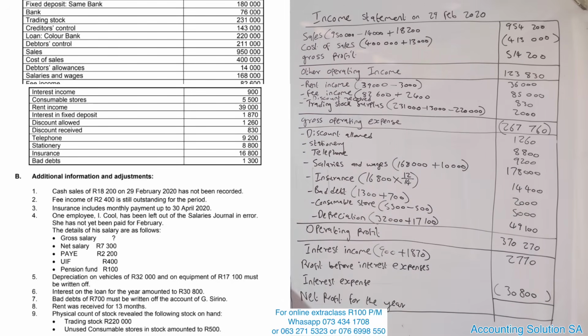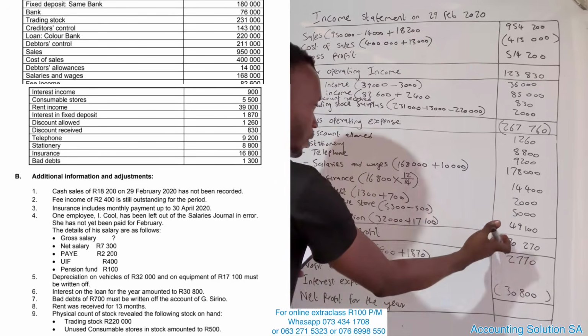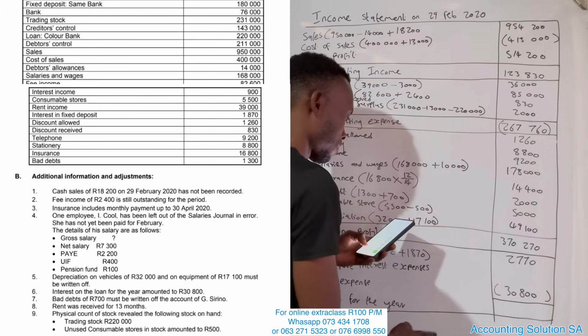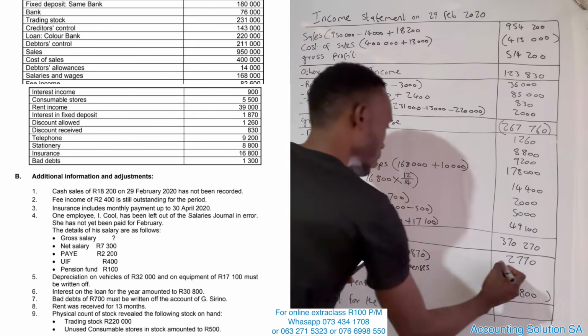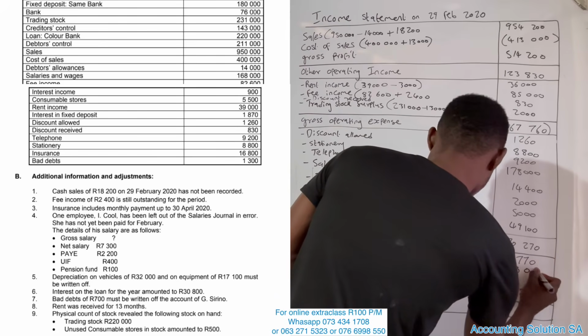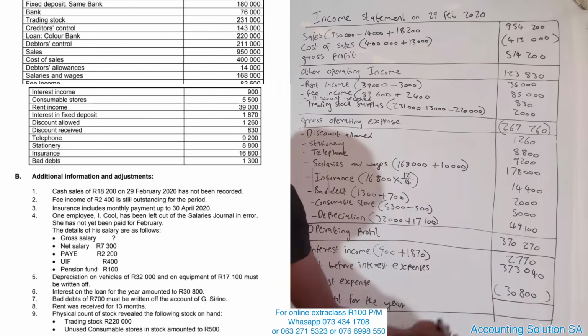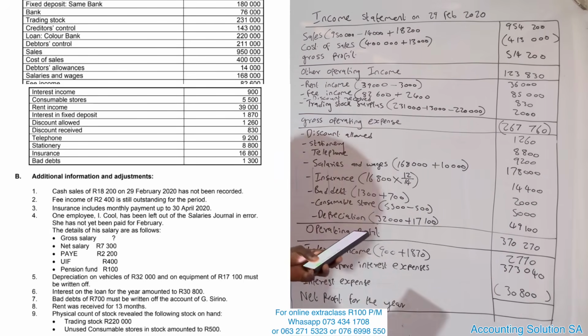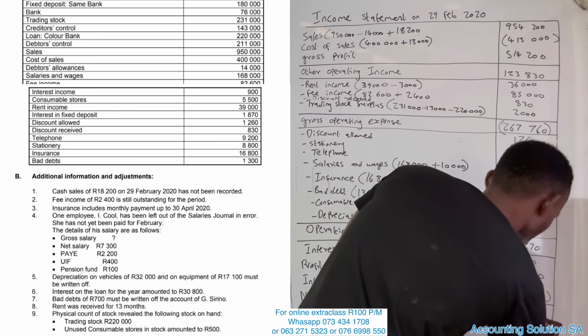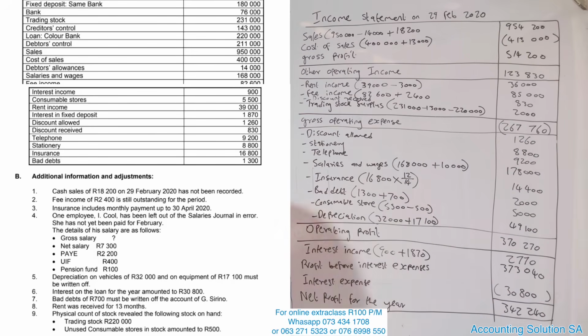Okay, then in order for you to get profit before interest expense, you take this one plus this one, 2,770, and now it's going to give you this one, 373,040. Then this one minus this one, 30,800, is going to give you profit for the year, 342,240. Okay, so that's how you do the income statement until this part.